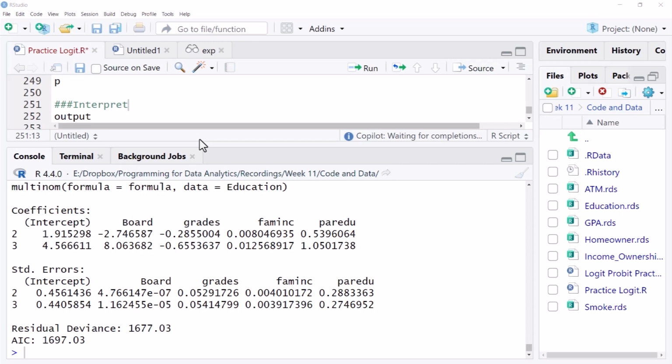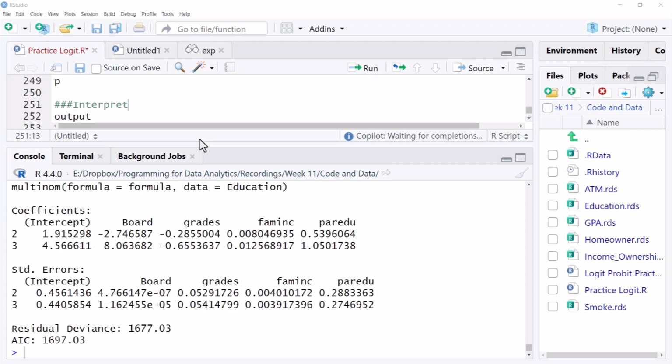Similarly, for choice three, a 4-year undergrad program, the odds decrease by 65% with each unit increase in grades. That is slightly surprising.